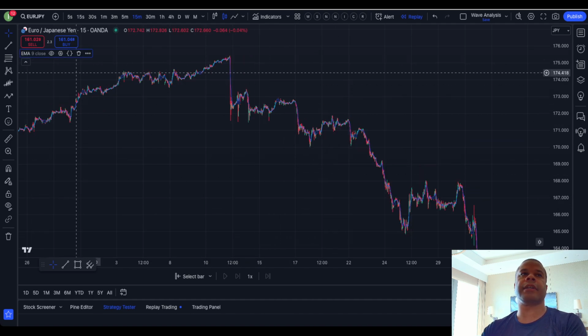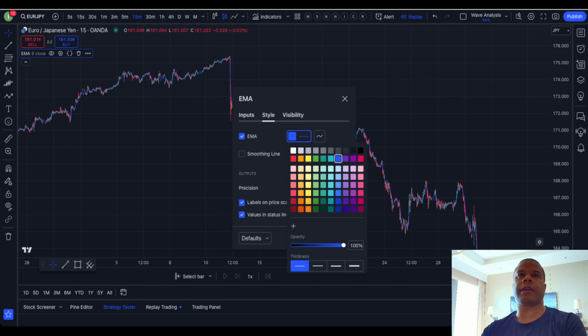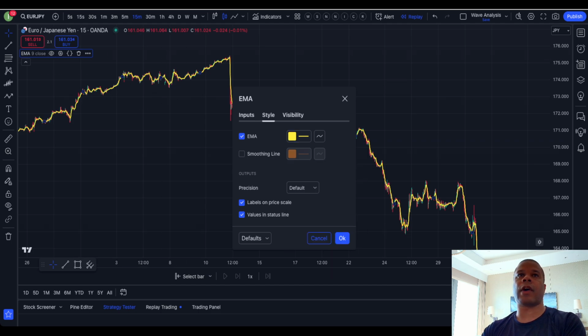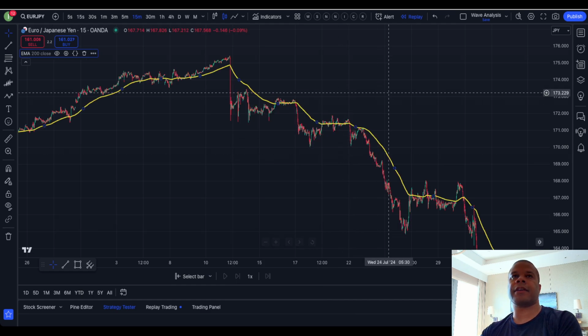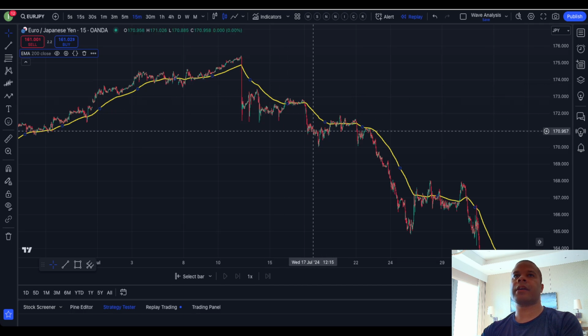I can clearly see that the market is like a trend line, right? Let me make this a little bigger. And this is a tight trend line, right? This is a tight EMA. So I can do a 200 EMA, and you can see what's happening. You can see the trend.